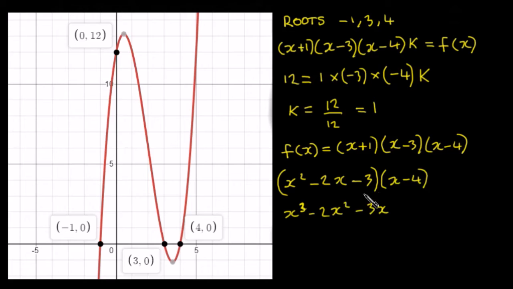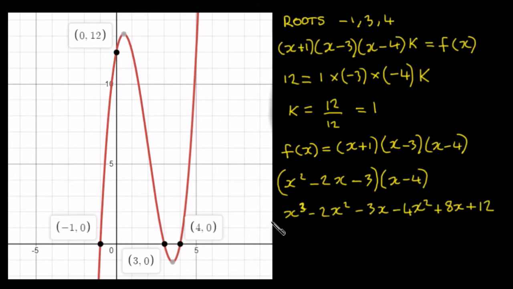So we just multiplied each of these by the value of x. And then we're going to multiply again by the value of minus 4. So we'll have minus 4x squared plus 8x, and minus times minus is plus, so that will be plus 12.